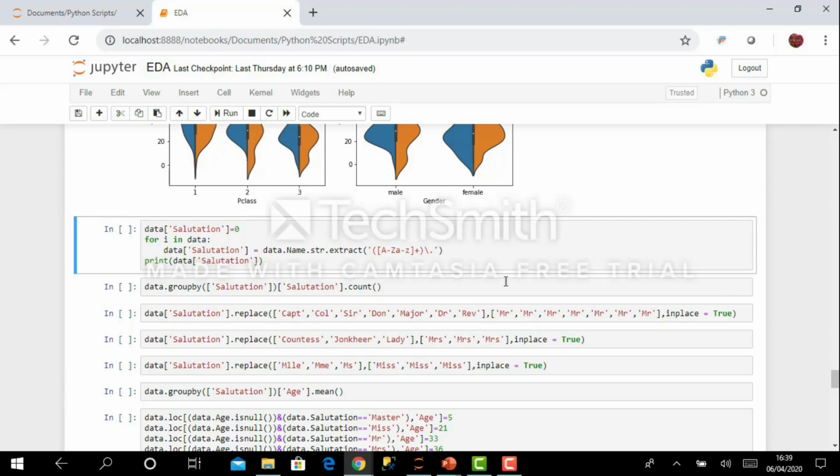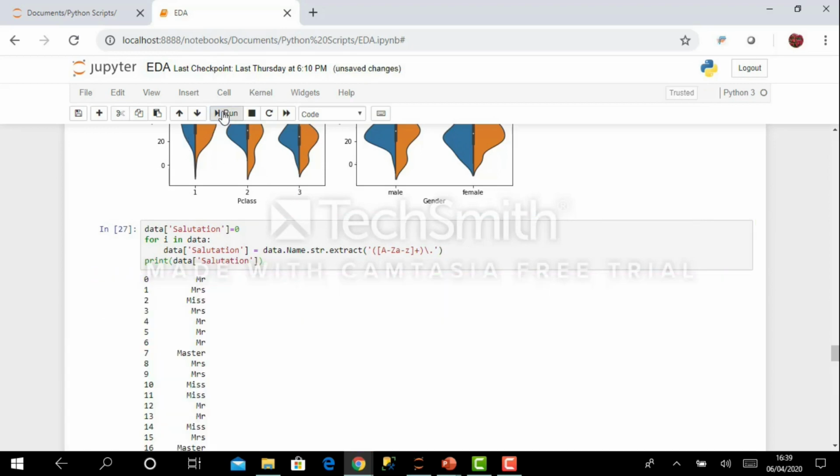Here I have added a new column in the data frame, salutation, and for all the records in this data frame, I am taking the substring that has any combination of A to Z letters followed by a dot, because generally it is Mr. dot, then the name and surname, right, this format. So from the name column I have tried to retrieve that part. Let us see how it works.